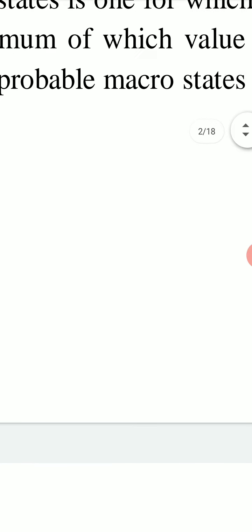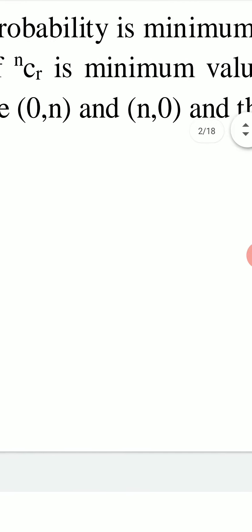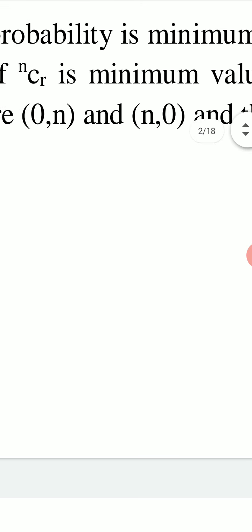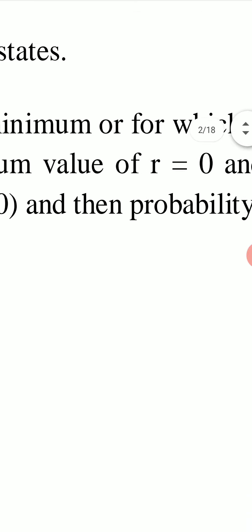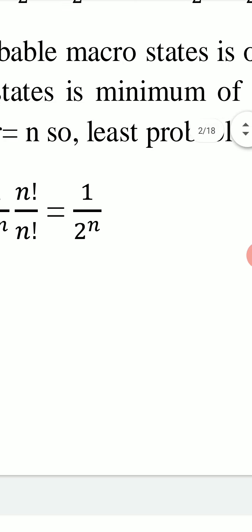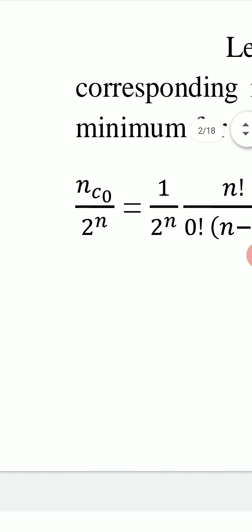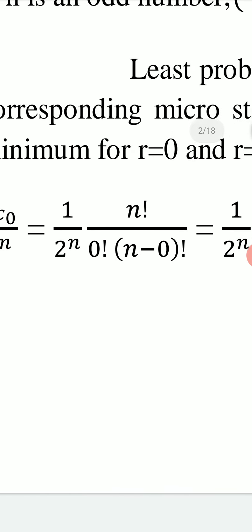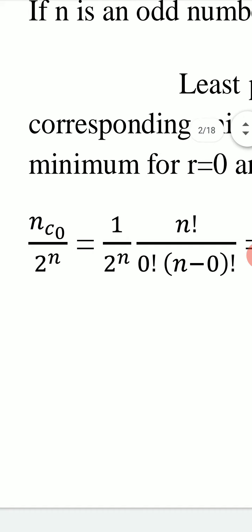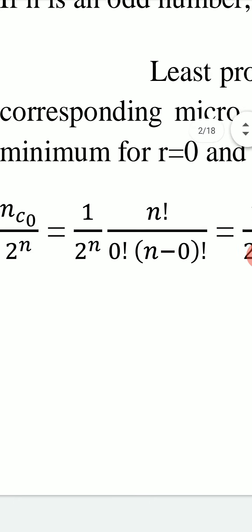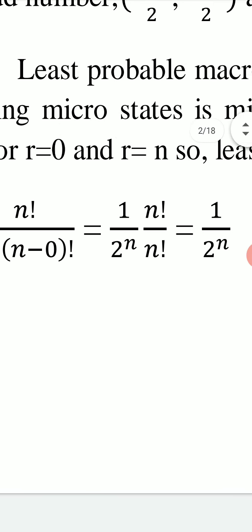So the least probable macrostates are (0, n) and (n, 0), when all the particles are in one box and the other box is empty. Then this is the least probable state, (0, n) and (n, 0), and the probability is NC0 divided by 2 to the power n. It is 1 upon 2 to the power n into factorial n upon factorial 0 into factorial n minus 0. Factorial n is cancelled out in the numerator and denominator, and it is equal to 1 upon 2 to the power n.